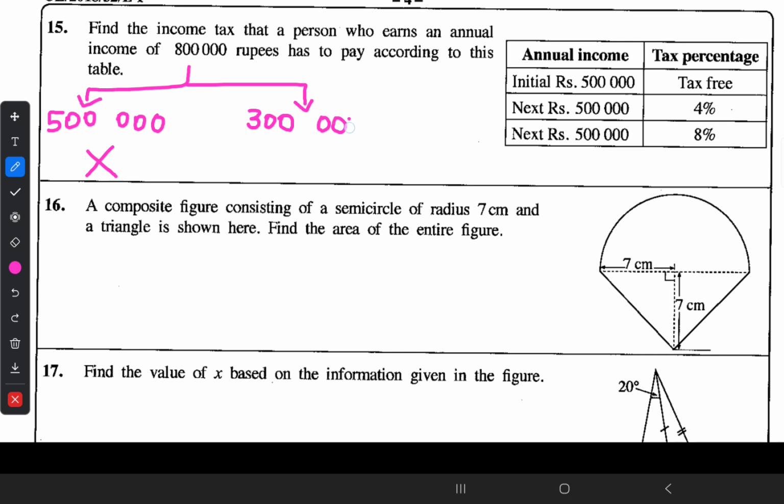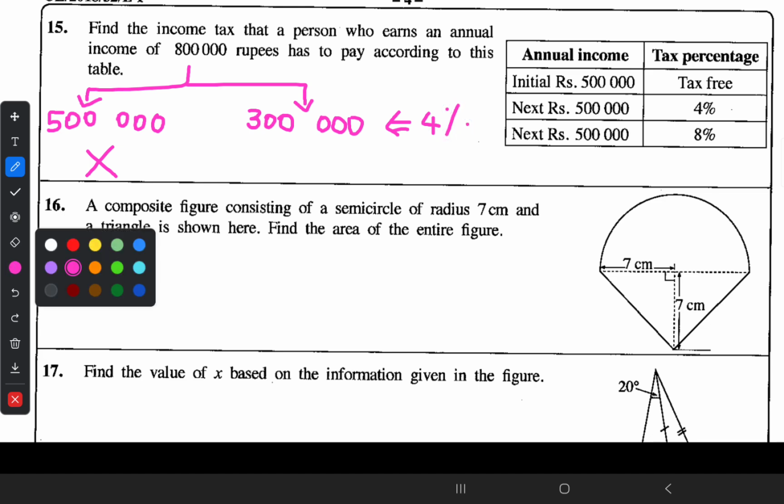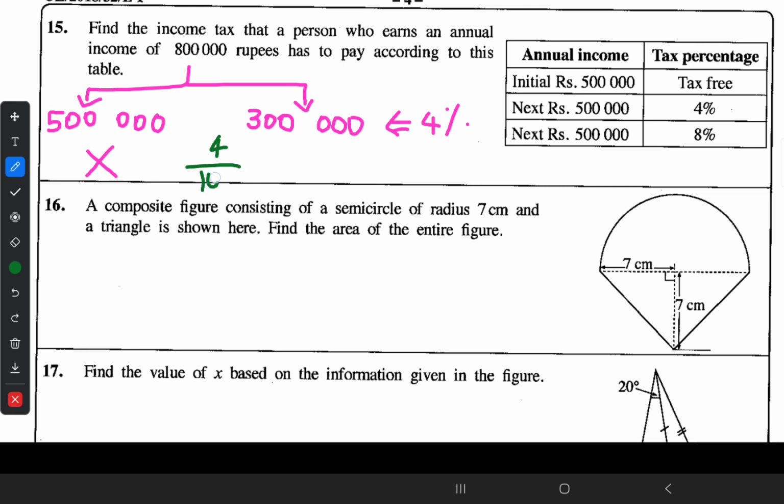For this one, he needs to pay 4% tax. That is the one and only amount of tax he needs to pay. So you need to find 4% of 300,000. That means 4 upon 100 multiplied by 300,000.